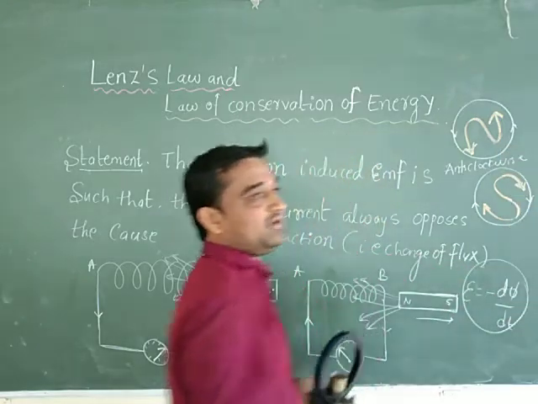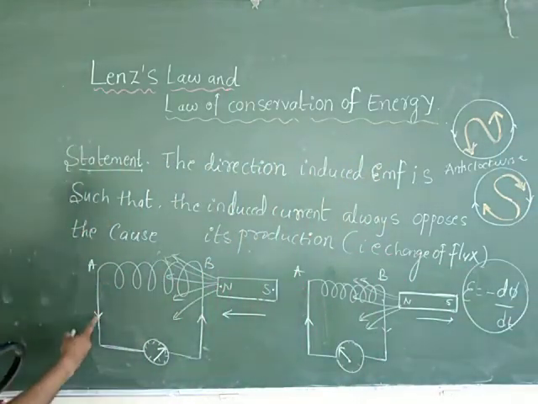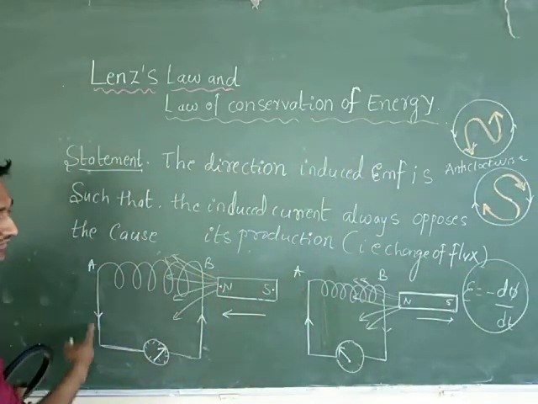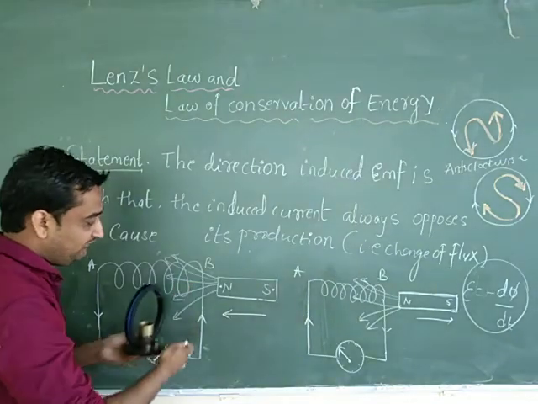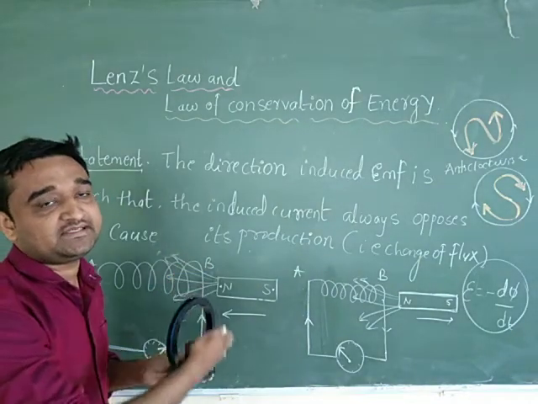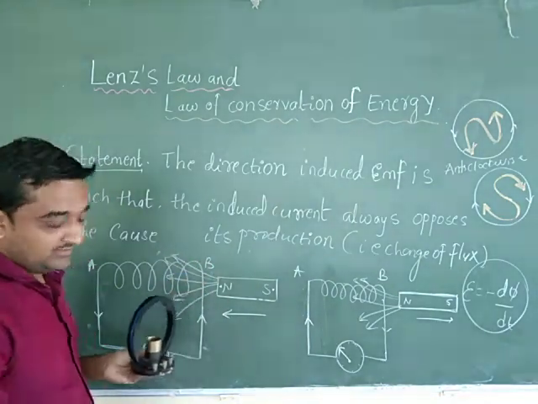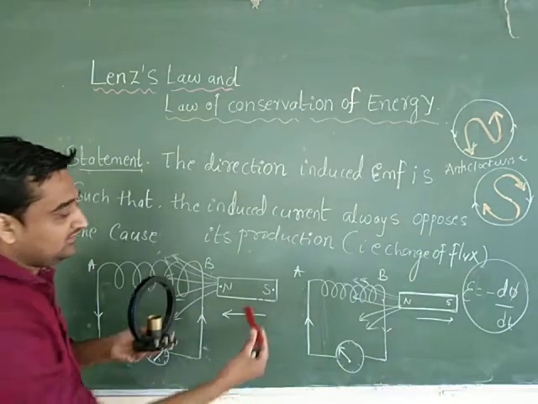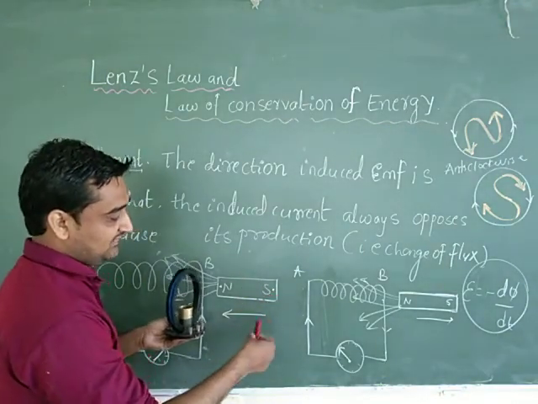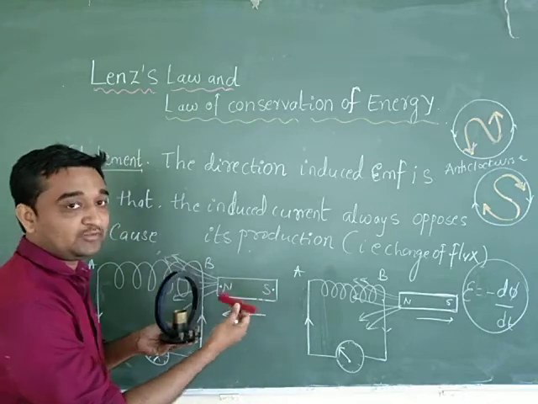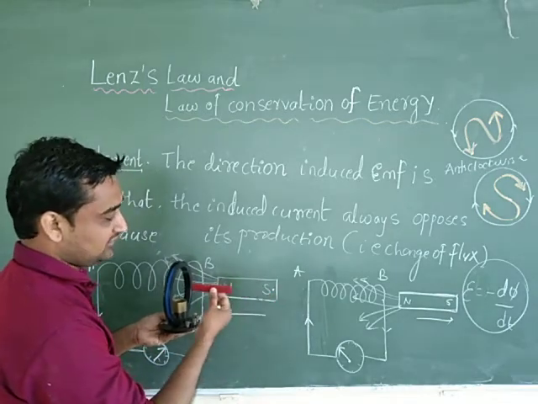There is a current in the anti-clockwise direction, so that this face acts as what? The N pole. So now we have the bar magnet that is changing the magnetic flux. The N pole of the bar magnet is moving towards the coil.